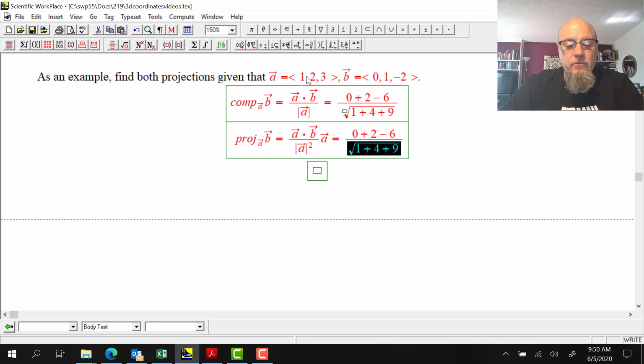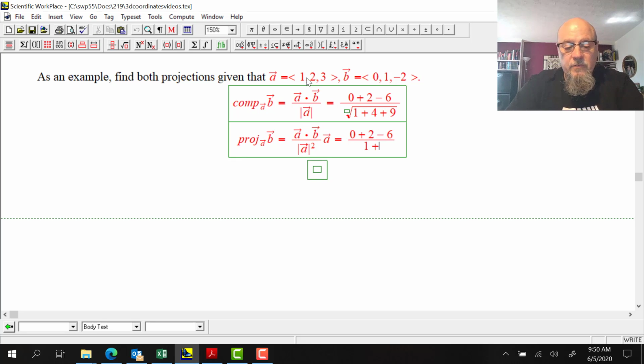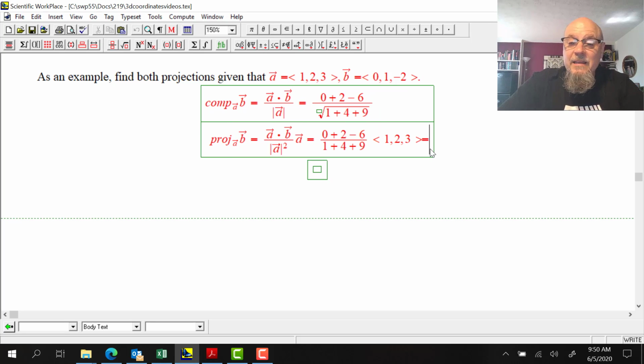So that'll be first times first plus second times second plus third times third. That's our 14. Now this is all times the vector. So when I clean this up, this is going to be minus 4 over 14, but I should multiply that through the vector.